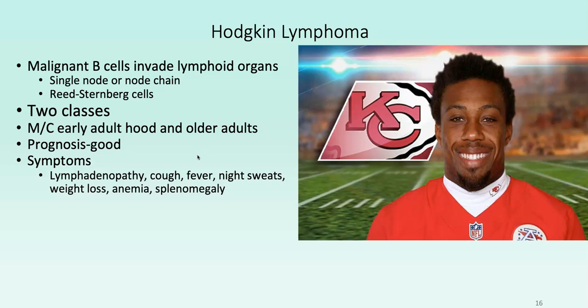You'll have a lymph node affected, say lymph node A, and it will spread to lymph node B, lymph node C, and then lymph node D. It's not going to spread from lymph node A to lymph node D. Malignant cells will not spread from a lymph node in the neck to one in the legs until it spreads to each lymph node in between.